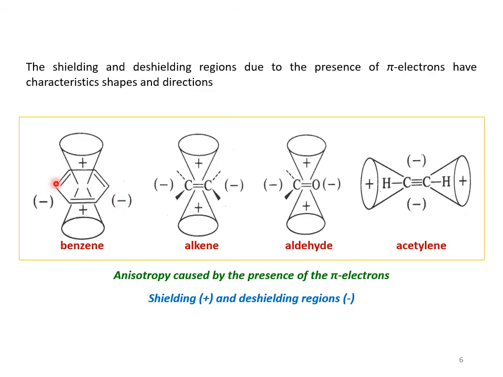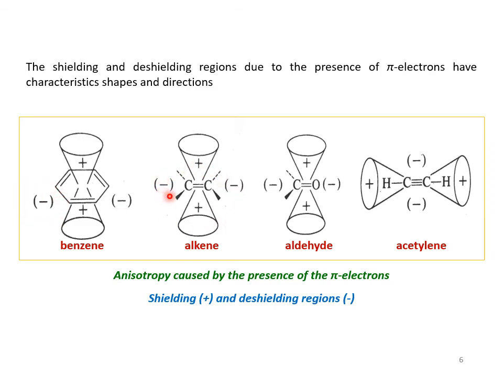Here minus means the protons of the benzene ring are de-shielded. This is the de-shielding region. In the de-shielding region we find the benzene protons, hence they show higher delta values.